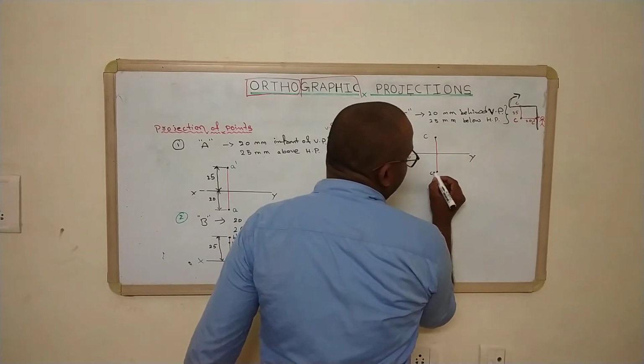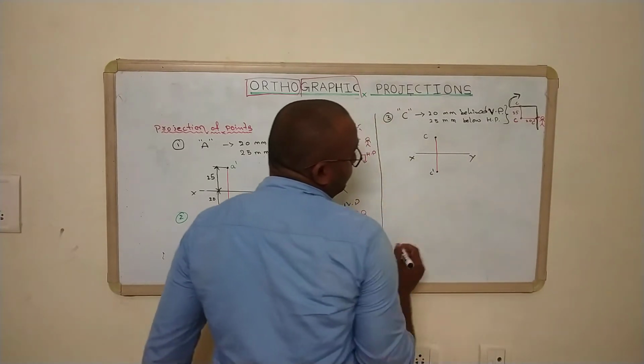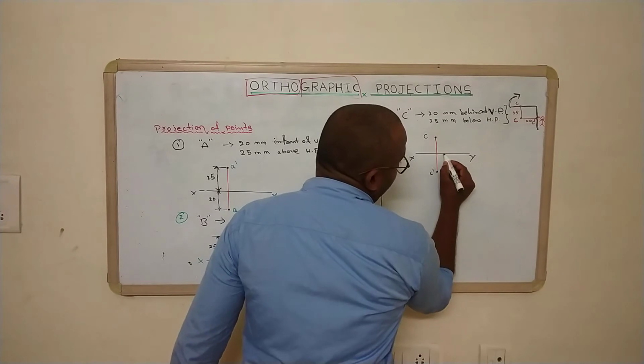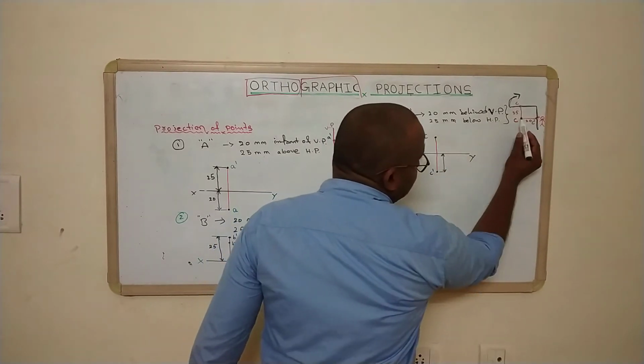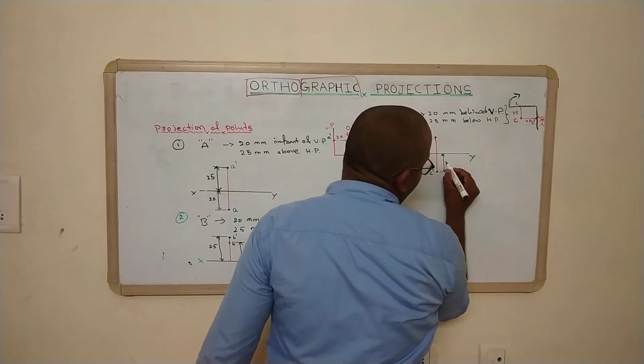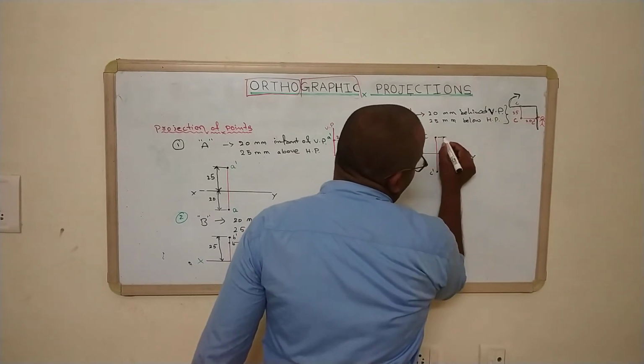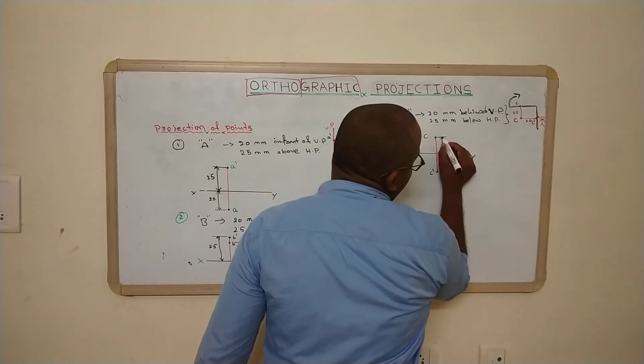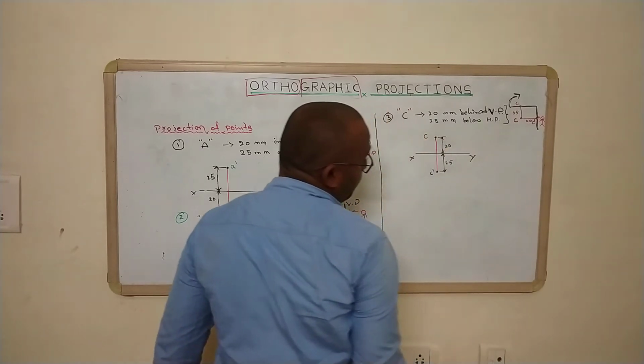So here it is C dash, and from here to here the dimension is about 25 mm, and then from here to here the dimension is about 20 mm.